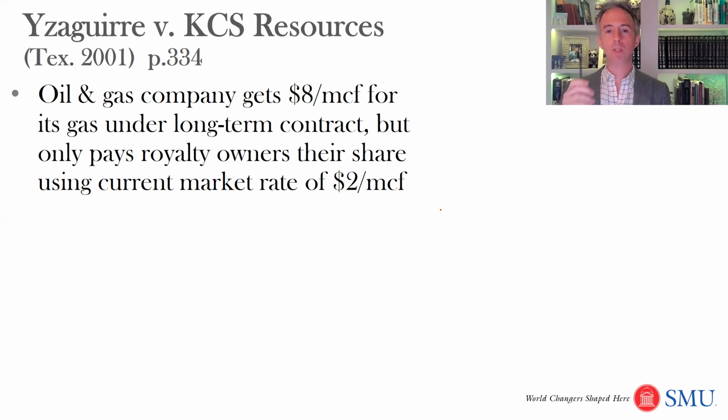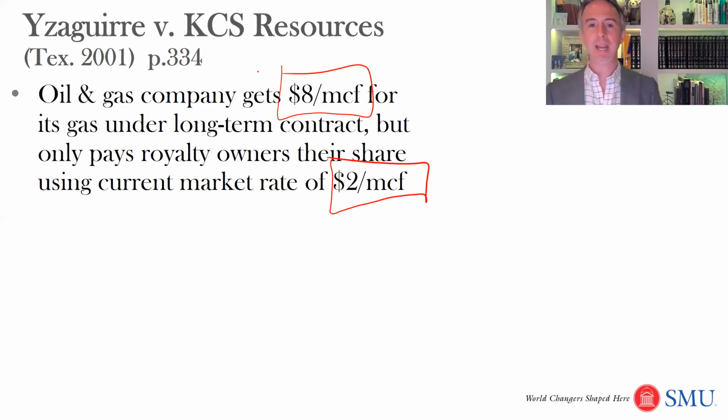But it was only paying royalty owners their share using the market value, because it had one of those leases that said, if I'm selling gas off the premises, then we'll give you 1/8 of market value. Well, if the market value was $2 an MCF, how is the oil and gas company getting $8 an MCF?